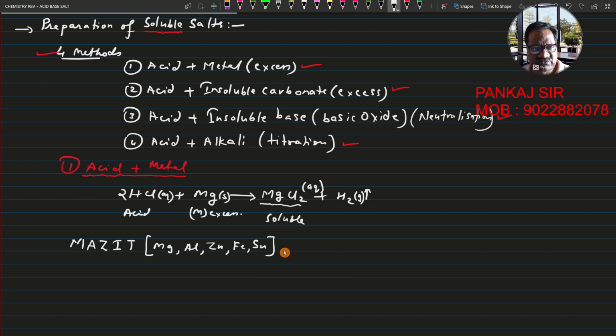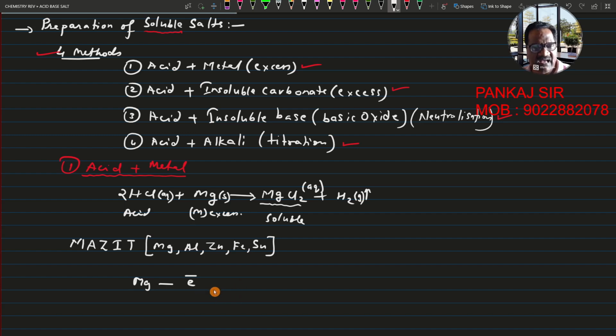So what actually happens, the mechanism of this reaction, is such that the metal, that is magnesium, will lose electrons, because metals have the tendency of losing electrons. So magnesium having 2 electrons in the outermost orbit will lose those electrons.